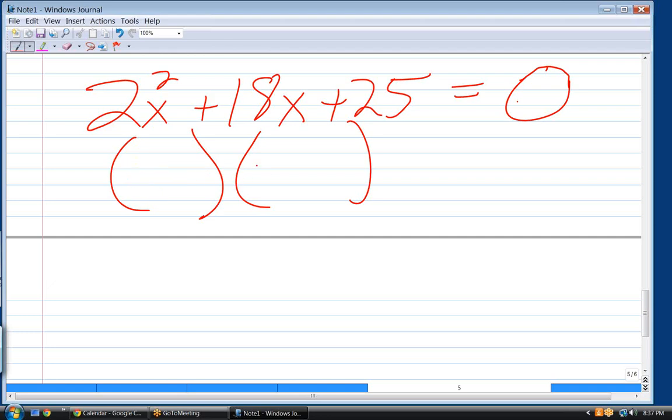What's going to go here and here? X and X, or no? You got to split that up so that the two terms multiply back to give you this. 2x and 2x? Well, what would that give you if I did that?